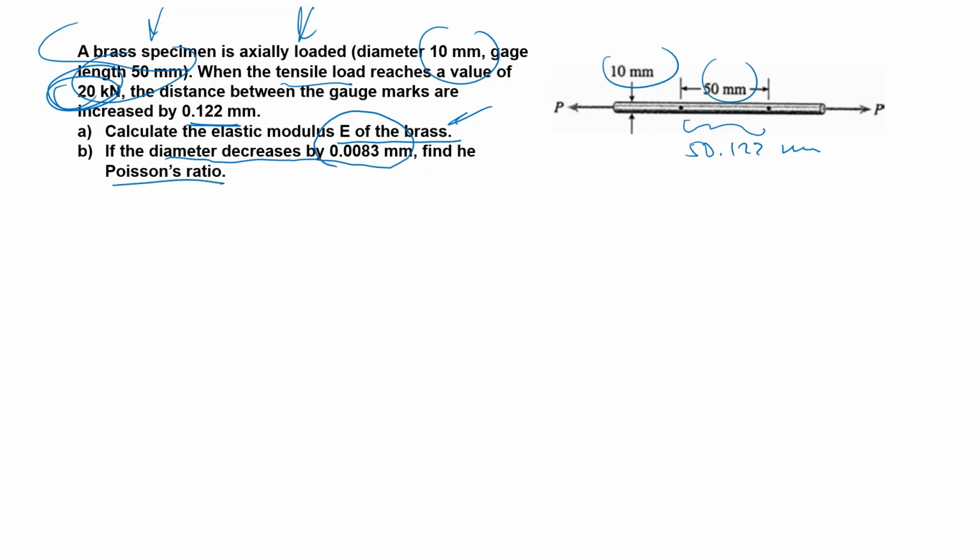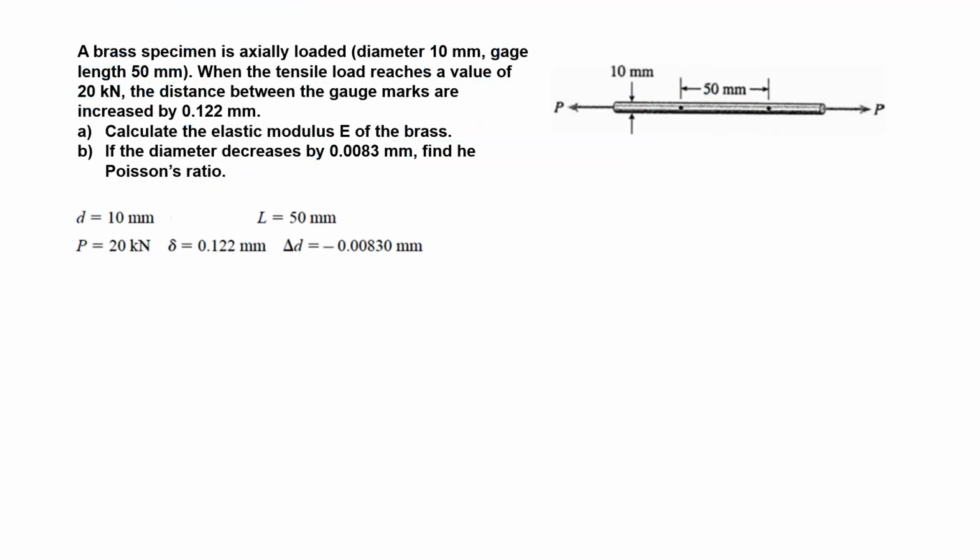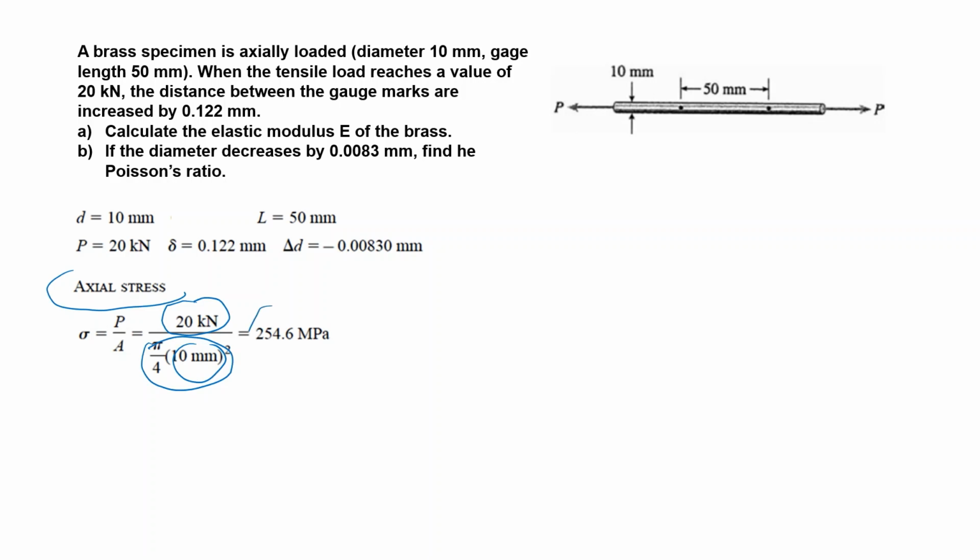Very simple problem. These are the values given: force, the elongation, and the decrease in the diameter. First, find the stress. This is my force, and the diameter is 10 millimeter, the area, and if you do the calculation and the unit conversion, then your stress is 254.